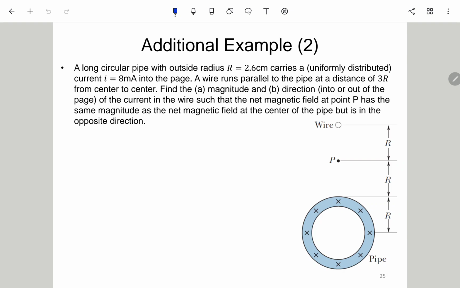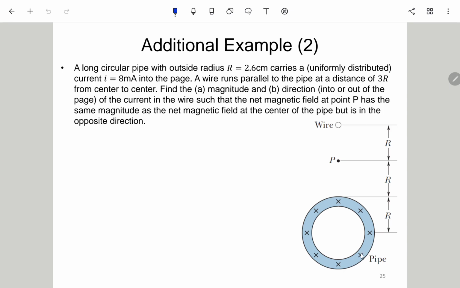Okay, and then we have another one. Here it says a long circular pipe with outside radius R equals 2.6 centimeters carries a uniformly distributed current I into the page. So it means this part.